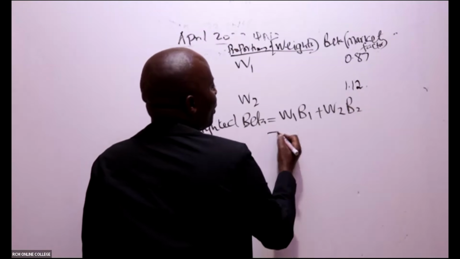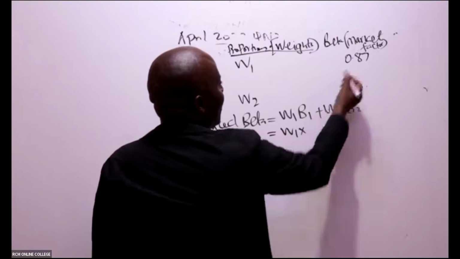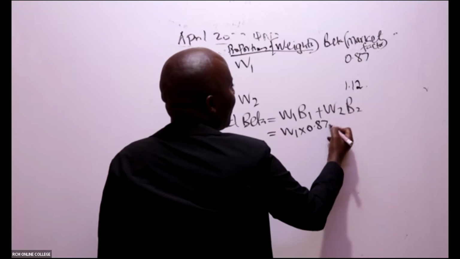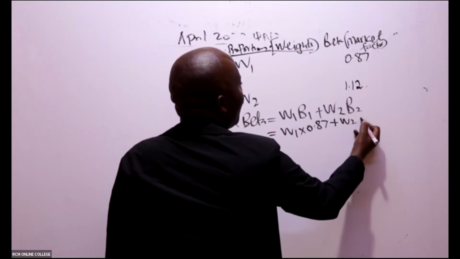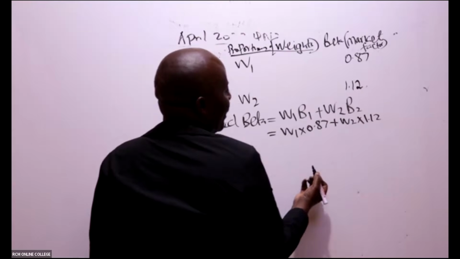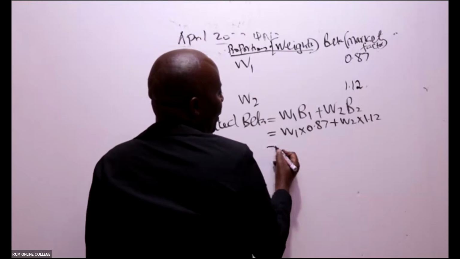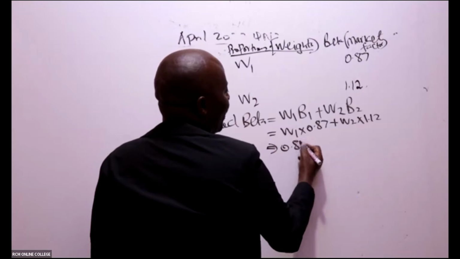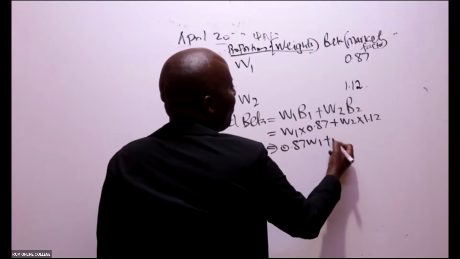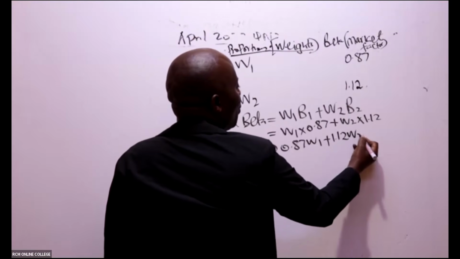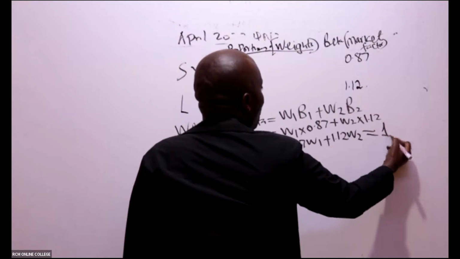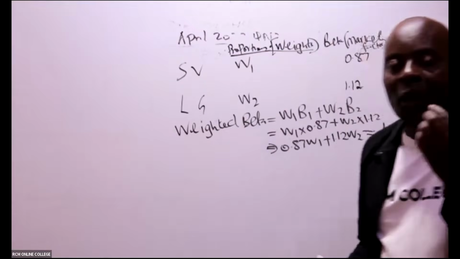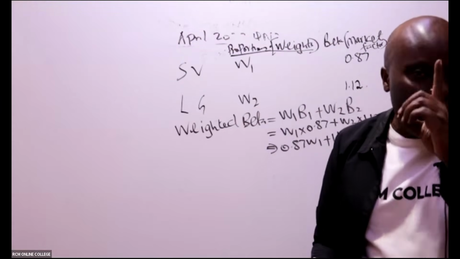So this will be weight 1 times 0.87, plus weight 2 times 1.12. So this boils down to 0.87 weight 1 plus 1.12 weight 2, which must be equal to 1, because I've told you that the combined beta is equal to 1.